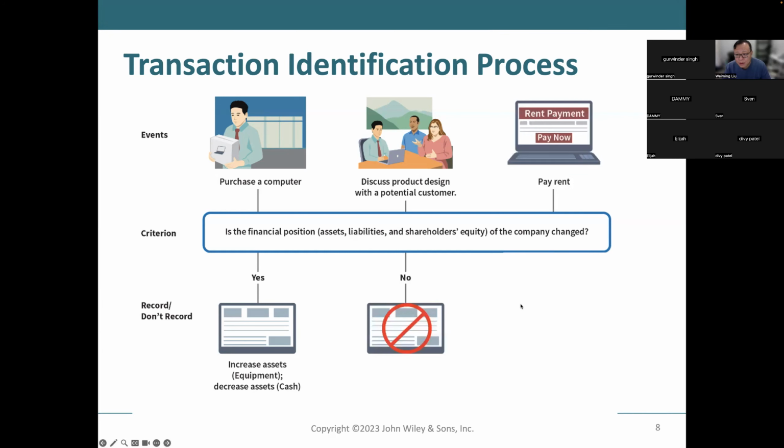Next one, pay rent. Probably many of you are paying rent. If you don't have your own house as an international student, you are paying rent. I remember when I first came to Lethbridge, I was paying probably $300 for a shared room, not for the whole house. This is back in the dollars of 2004, 20 years ago.